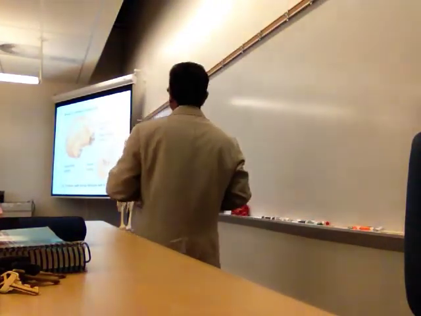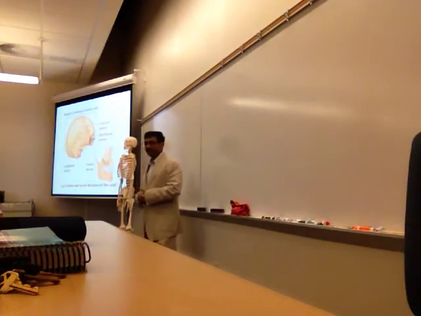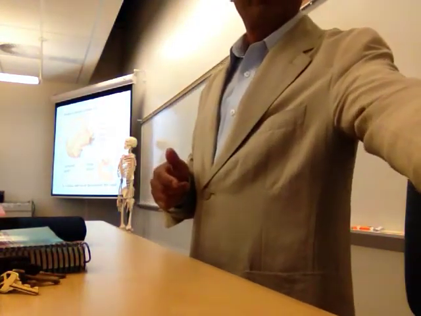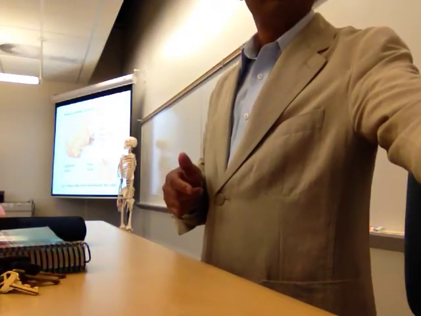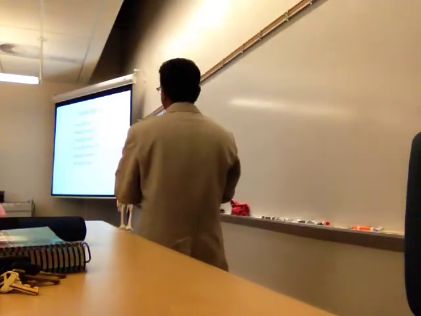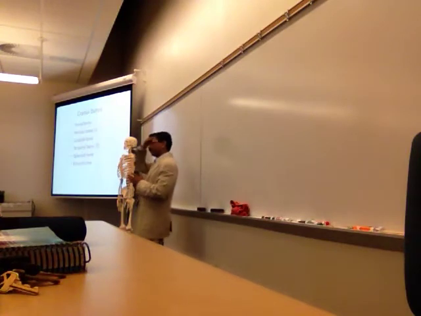So we will see the cranial and facial bones. You see they have shown those two groups of bones from the side. So there are 8 cranial bones. What are those? Frontal bone, we have one in the forehead area, that's the frontal bone.